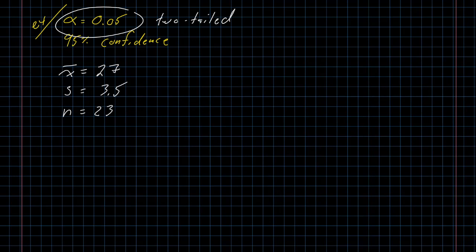I am only going to be looking at two-tailed distributions, but you might see one-tailed distributions elsewhere. We need to know the degrees of freedom, which is our n, 23, minus 1, in this case 22.